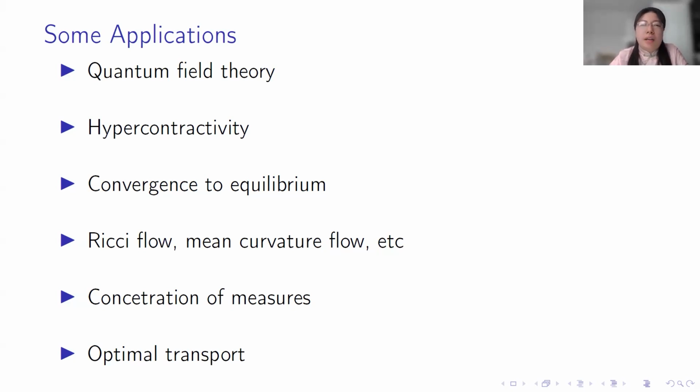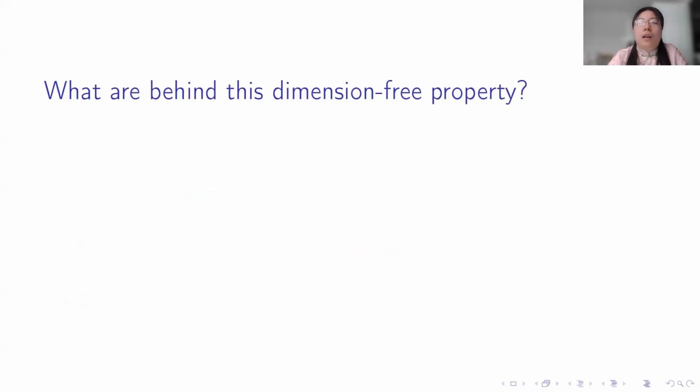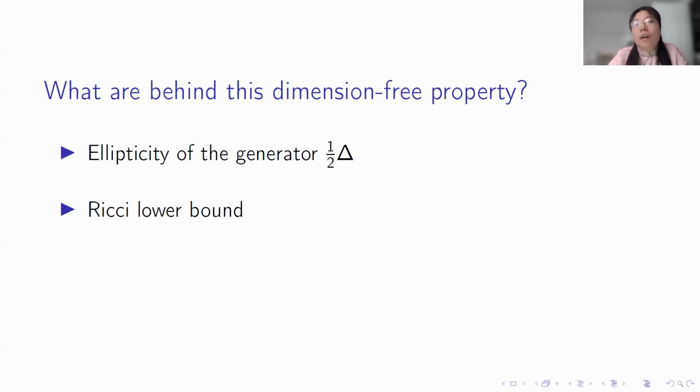But if we go back to this dimension-free phenomenon of the log Sobolev constant, then we can ask what is behind this. First of all, you have the ellipticity of the generator, the Laplacian on R^n or half Laplacian. Second, you need the Ricci lower bound, at least in the Riemannian setting. You don't see it that much in R^n because it's a flat model.